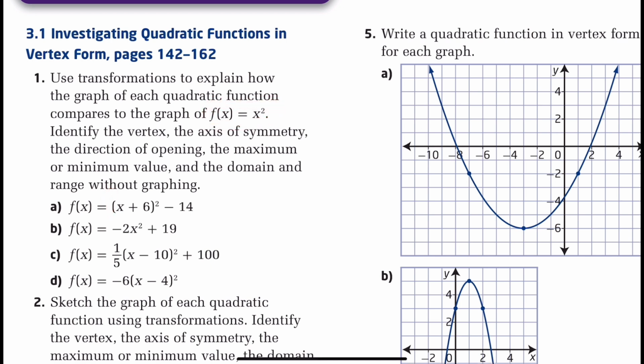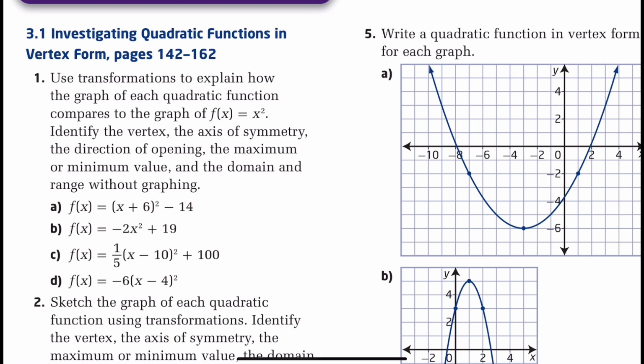However, we have our minus p, so there is a leftward horizontal shift of the original function, and there is also minus q, so that means there is a downward vertical shift of the function.